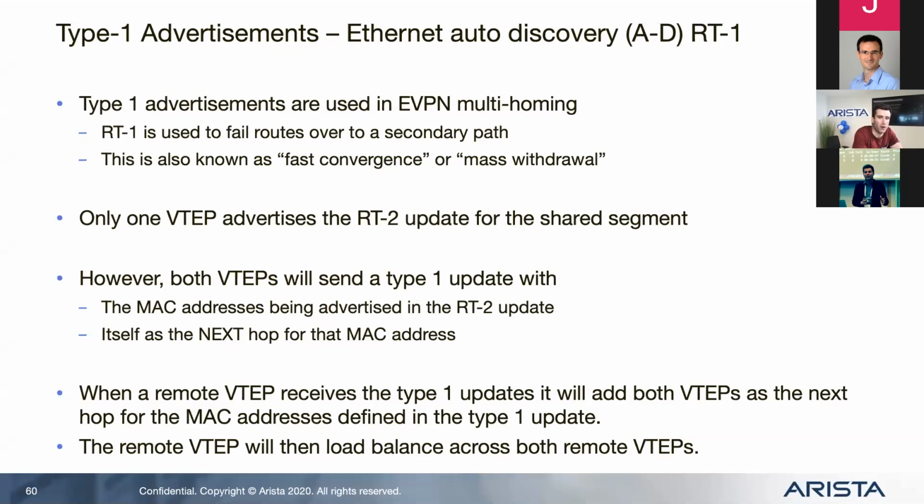However, all of the PEs which are participating in the shared segment would also send a type 1 update with its own IP address as the next hop. When a distant PE or a VTEP receives a type 1 update, it's able to add both of the VTEPs as the next hop for a MAC address and then load balance across both of the remote VTEPs.